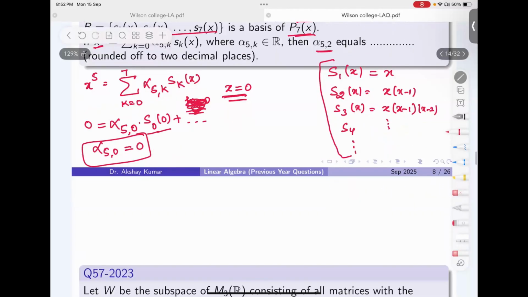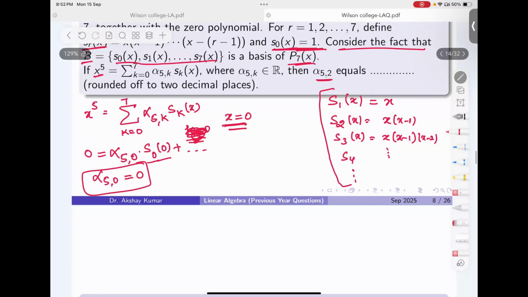Right? Similarly, you can check that x equals to 1 is a root for all the polynomials S_2, S_3, S_4 like that.